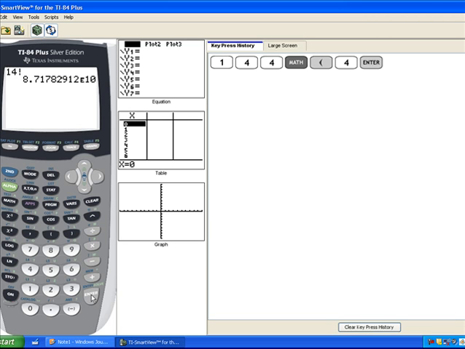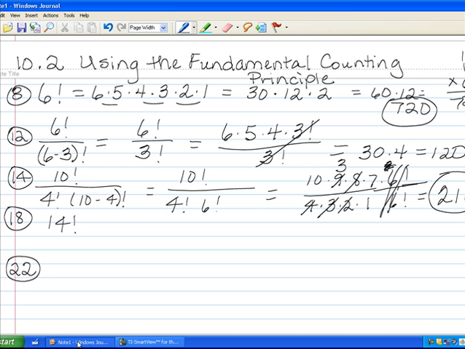Okay, so we're getting 8.7178 times 10 to the 10th. Let me jot all those numbers down. 8.71782912 times 10 to the 10th. And it turns out that our book puts this in standard decimal notation.